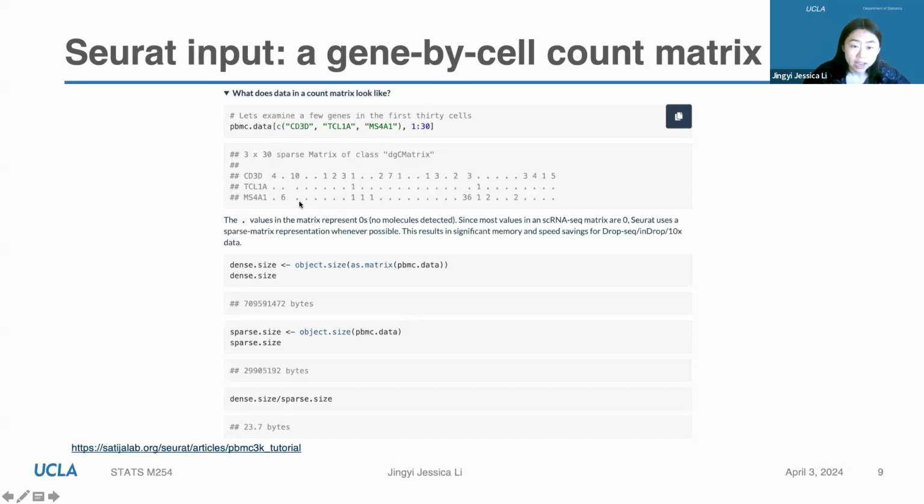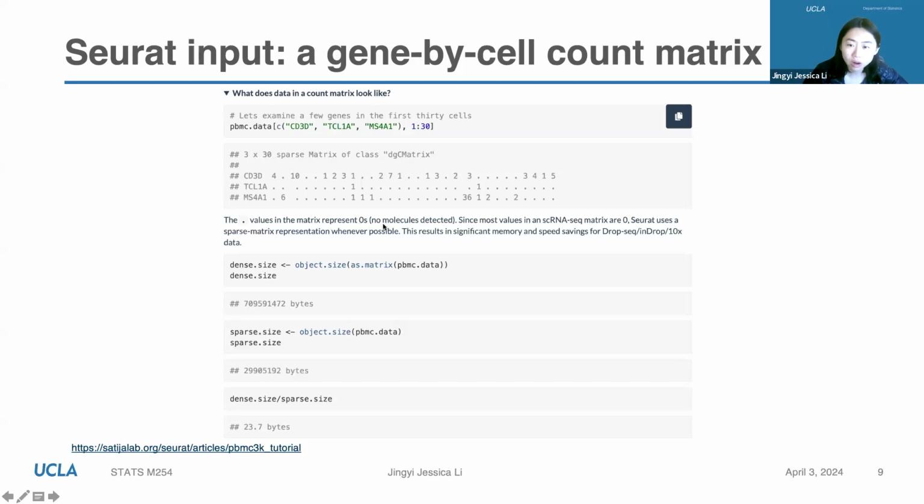All right. And regarding the data format, this is like a programming issue. You may store the matrix as a dense matrix, which is just the regular matrix in R. The PBMC data, when it's loaded, is in the format of a sparse matrix, which is smaller than a dense matrix because you don't keep the zeros. For the zero entries, you don't record their values; you only record the non-zero values.